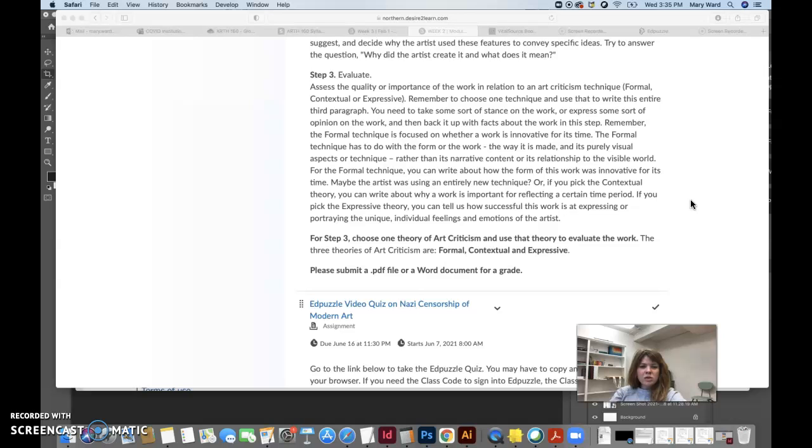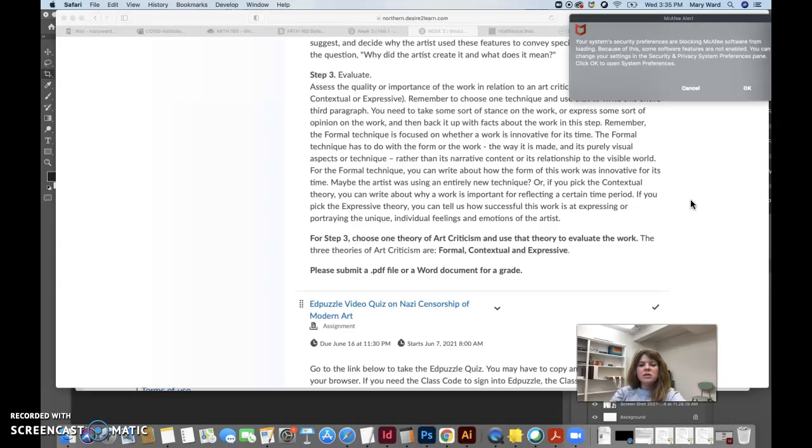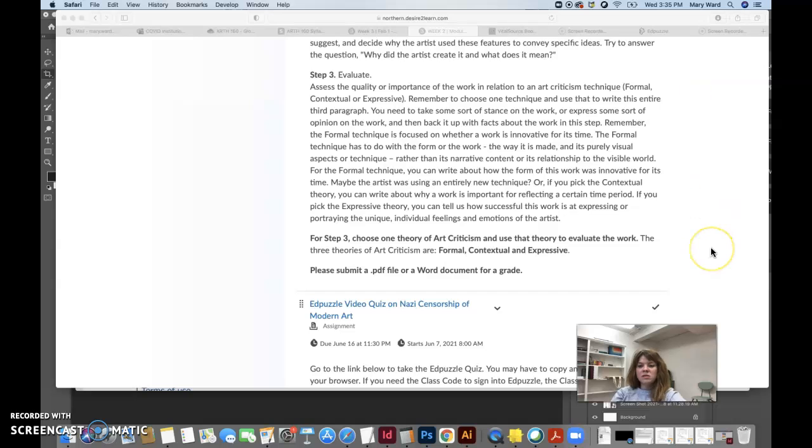Maybe the artist was using an entirely new technique. Or if you pick the contextual theory, you can write about why the work was important for reflecting a certain time period. If you pick the expressive theory, you can tell us how successful this work is at expressing or portraying the unique individual feelings and emotions of the artist that created the work.